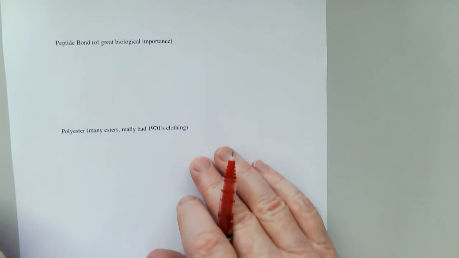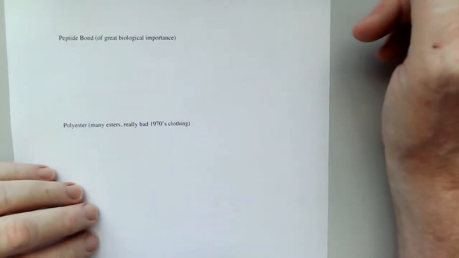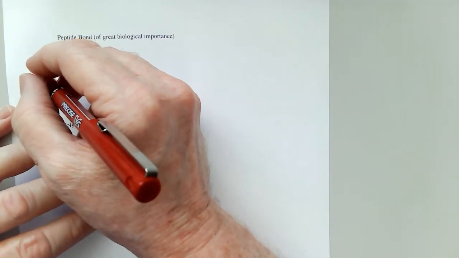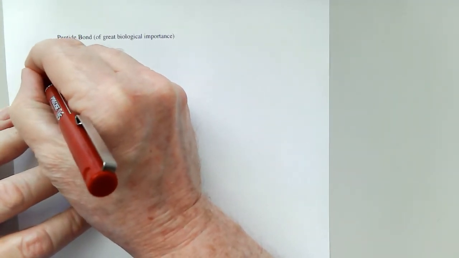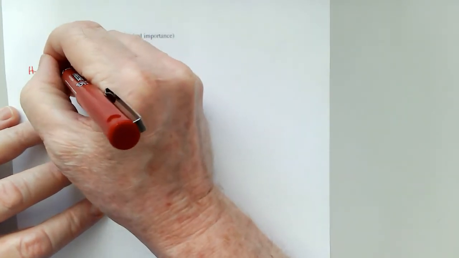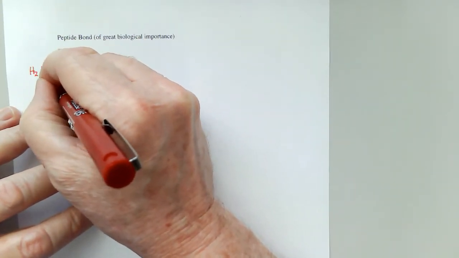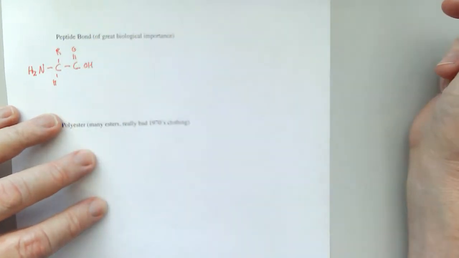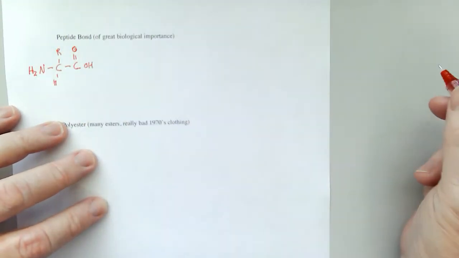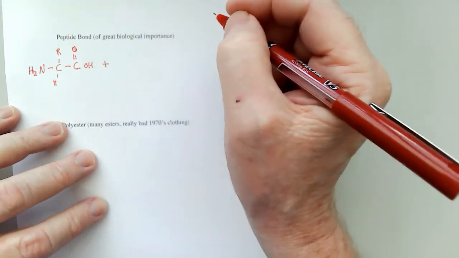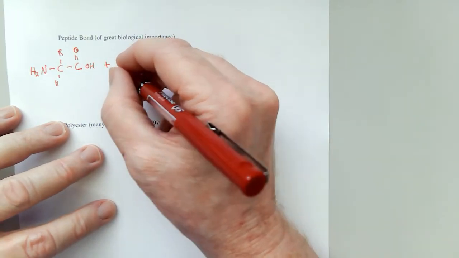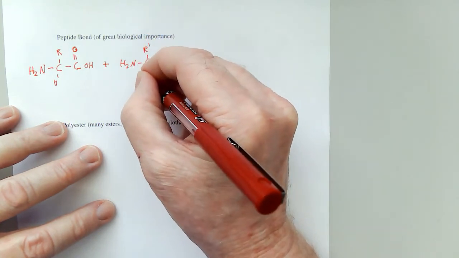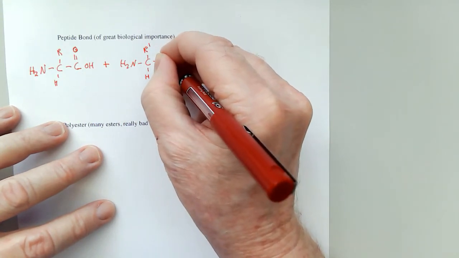One you might know about from AP Bio, the peptide bond. What we're going to do is start off with H2NC with an R group, with an H, C, double bond O, OH, which looks suspiciously like an amino acid, reacting with another amino acid, H2NC, we'll call it R prime. It can be the same amino acid, it can be different.